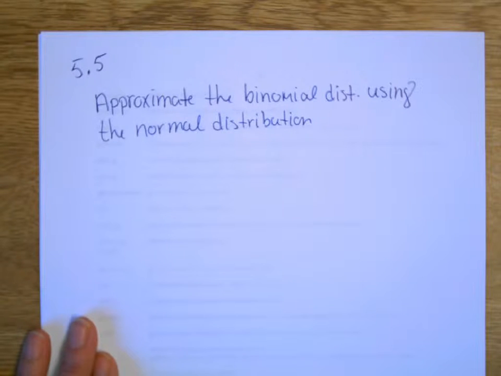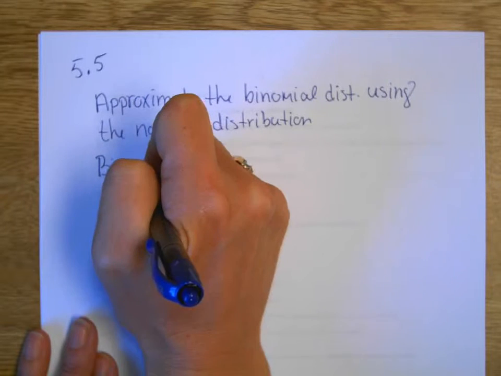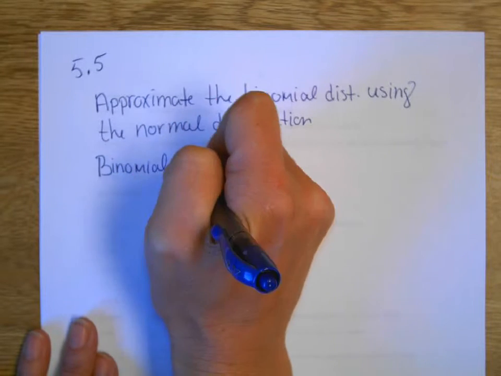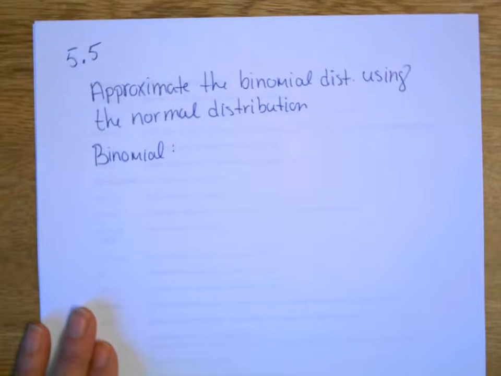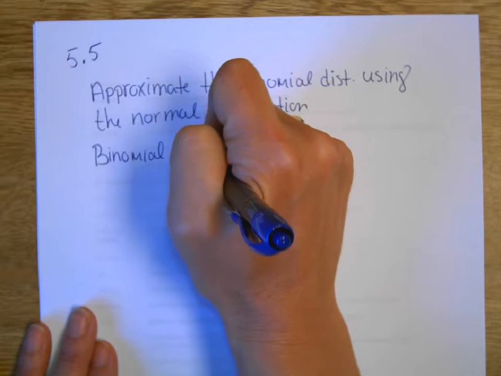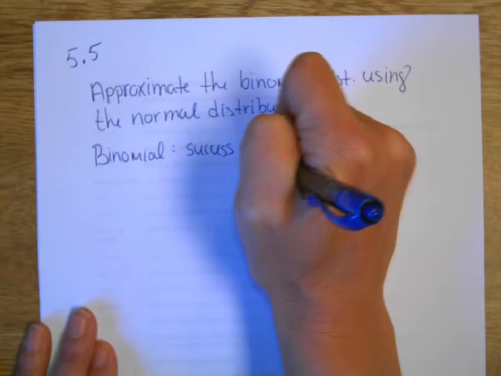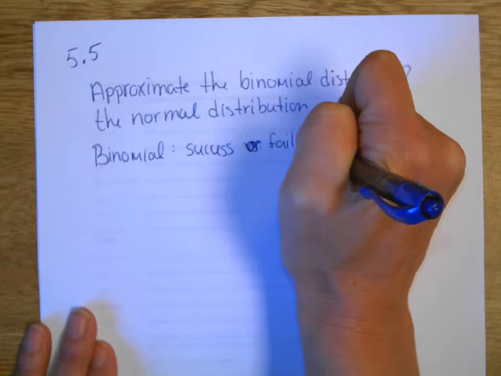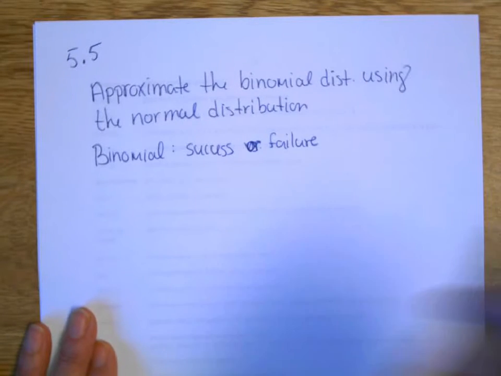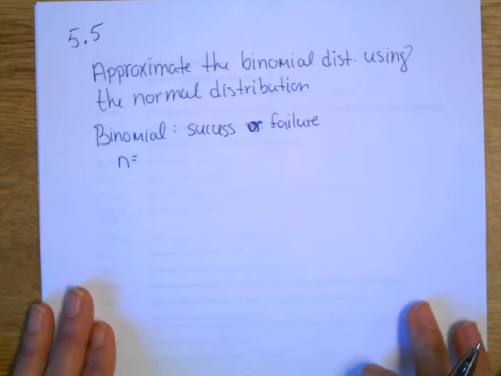So, let's quickly review the binomial situation. A binomial situation, when you did a trial, you had two outcomes. You either succeeded or you failed. So that was the success and failure distribution. Do you remember what n represented in that situation?